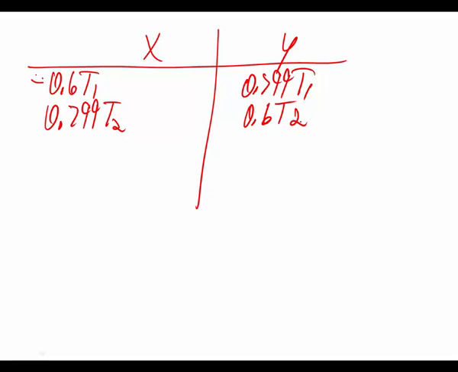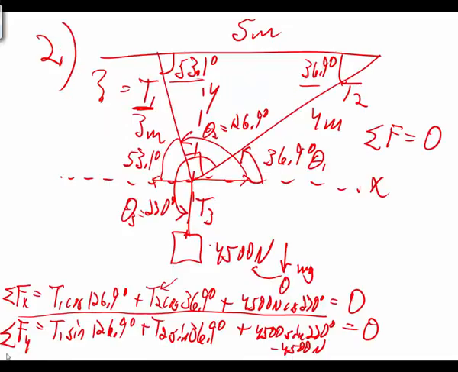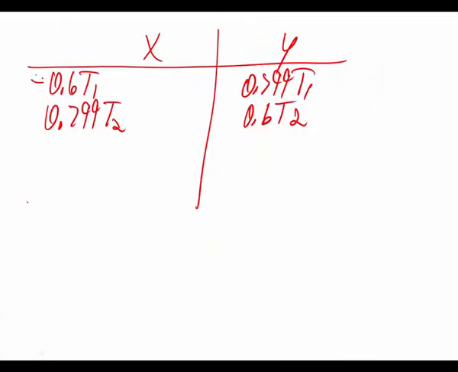All right, now watch. Go back to that equation right there. So we've got negative 0.6 T1 plus 0.799 T2 is equal to 0. And we're looking for T1, but how am I going to get T1? I've got to solve for T2. Well, how do I solve for T2?